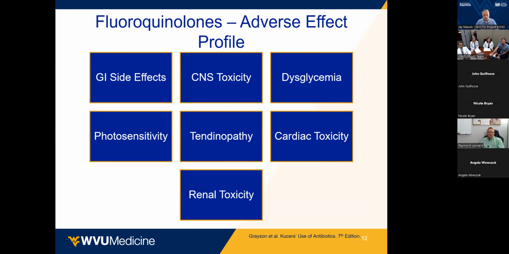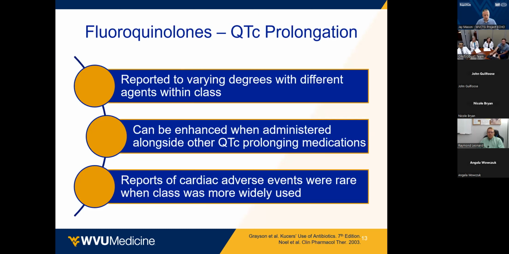The one I wanted to mention was cardiac toxicity or QT prolongation. It's been reported with varying degrees among this class of antibiotics and can potentially be enhanced when administered along with other QTc prolonging meds.